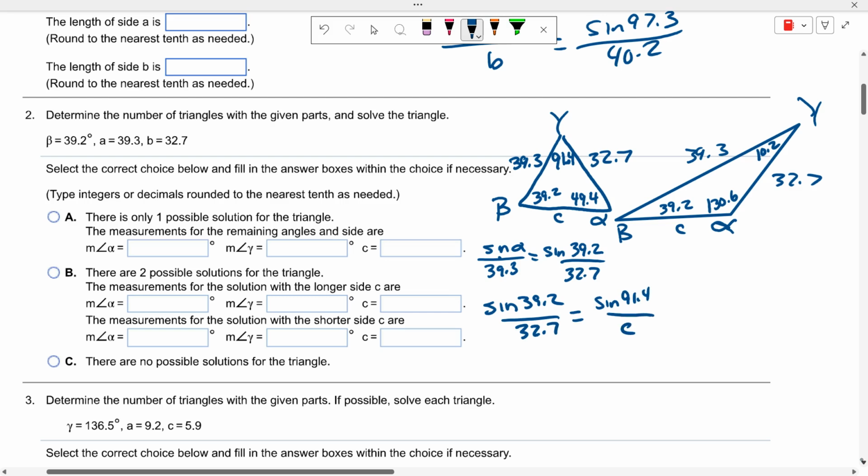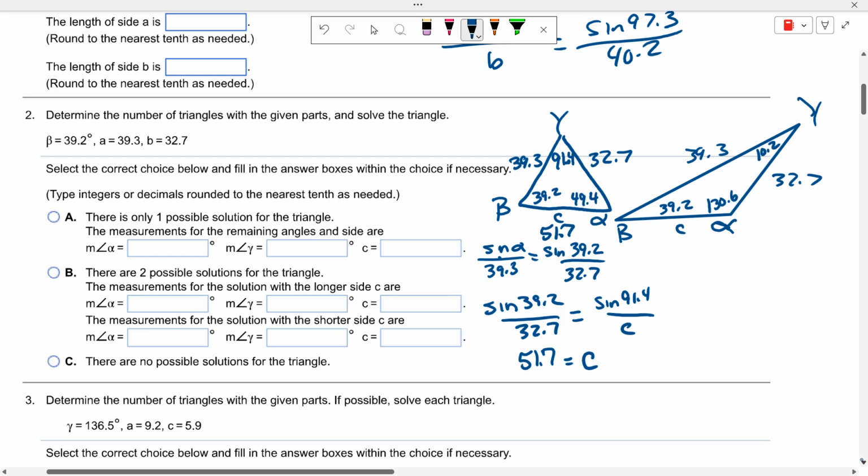And that'll give me c for this one. What do we get for c of that one? 51.7.